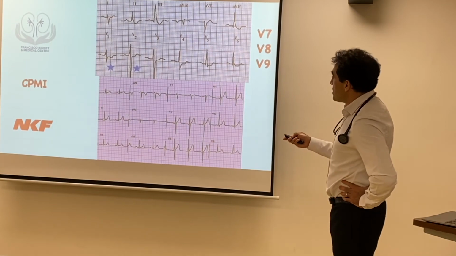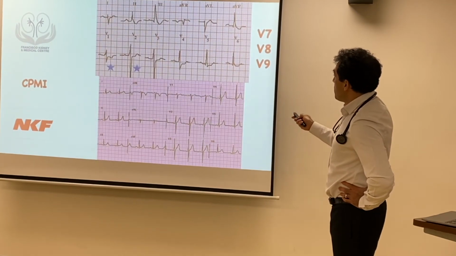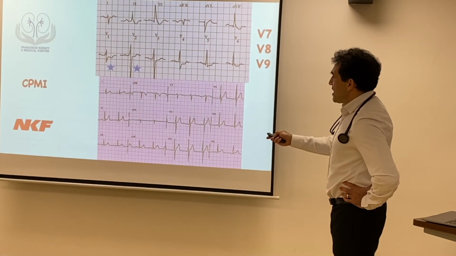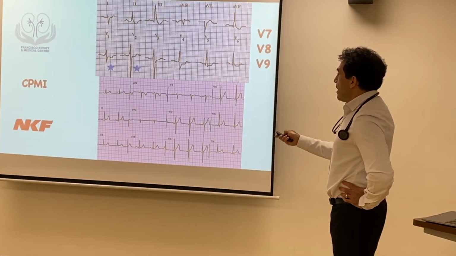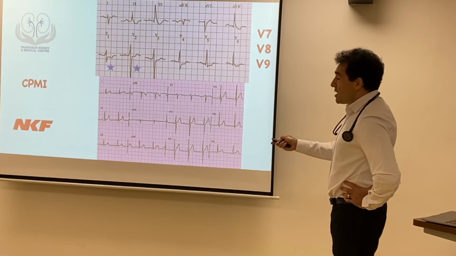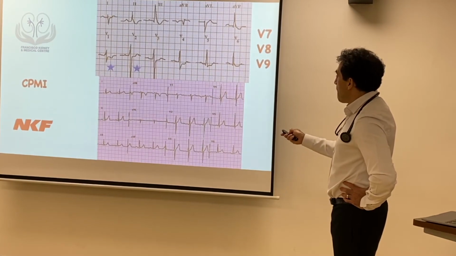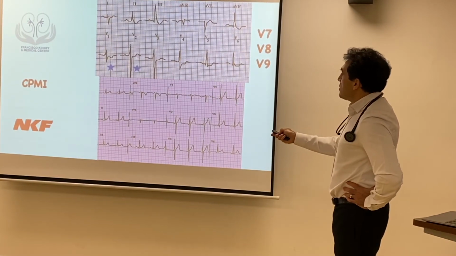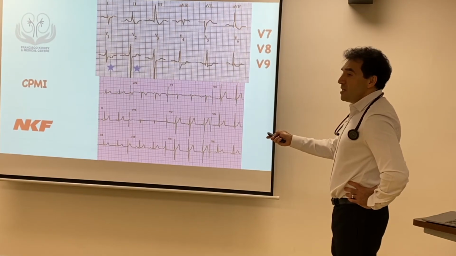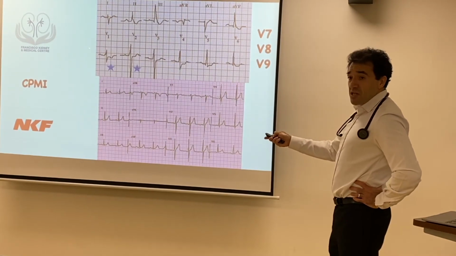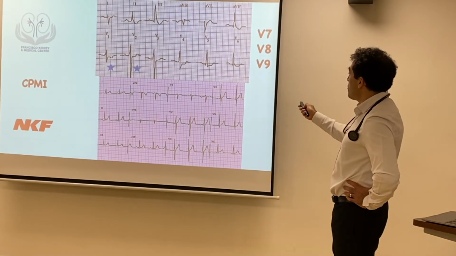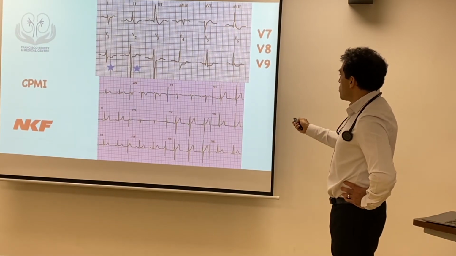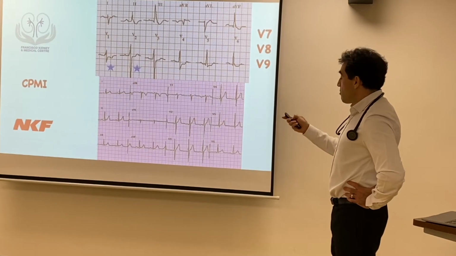Here you can see there are no ST elevations. You might say maybe there are ST depressions, maybe some ischemia. That could be true, but what if this is not ischemia? What if these are just reciprocal changes, and there are ST elevations in the posterior leads, V7 to V8, because there is a posterior MI?